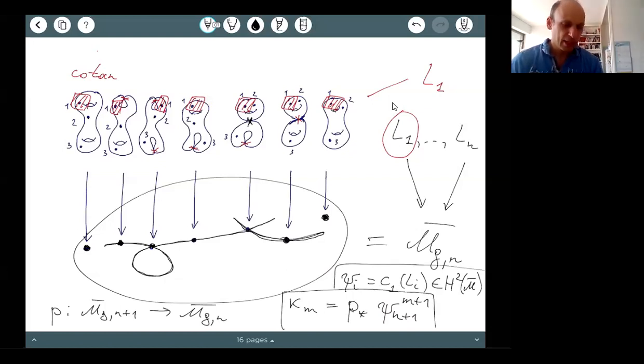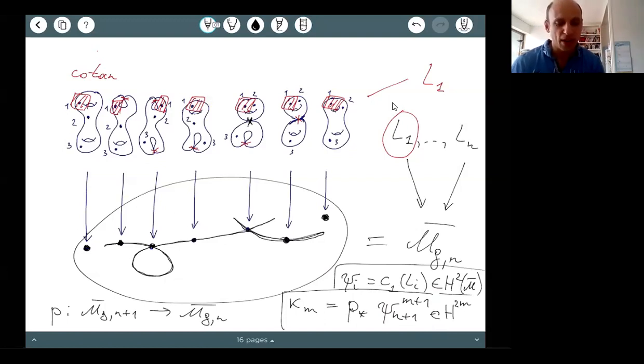Okay, and these are cohomology classes. Maybe I'll write that this one is in H^{2m}. So these are cohomology classes in the moduli space. And also every boundary component or every boundary stratum determines a Poincaré dual cohomology class.